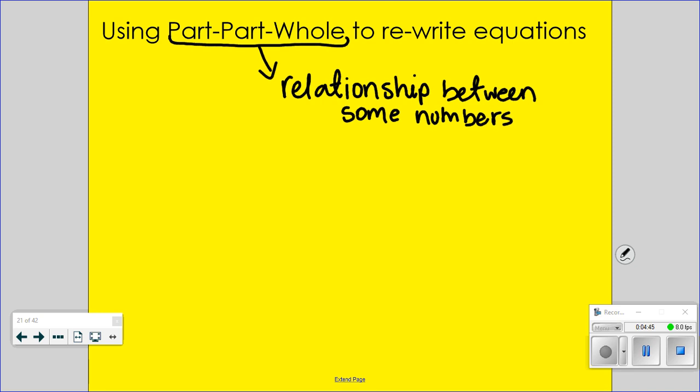When I am using part-part whole to help me solve a problem, I'm looking at the relationship between my parts and how they add together to give me my total or my whole. It's just a way so I can manipulate those numbers.